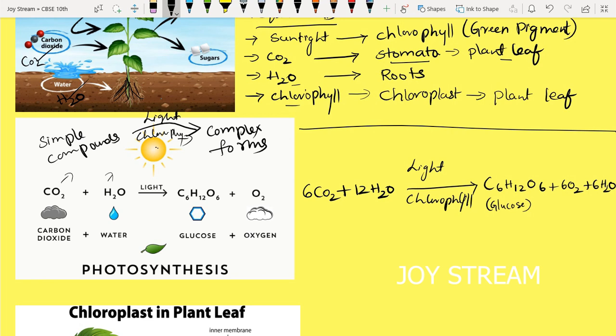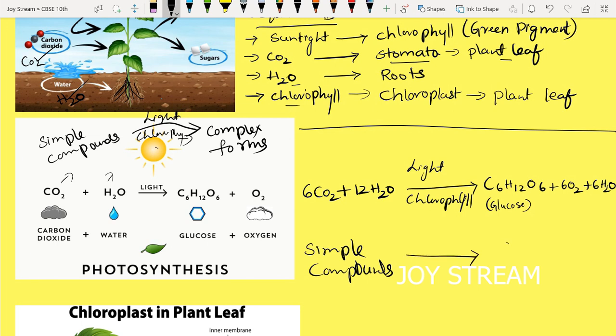So, what is the process of photosynthesis? The conversion of simple compounds. What are simple compounds? Water, carbon dioxide, and sunlight are the simple compounds.